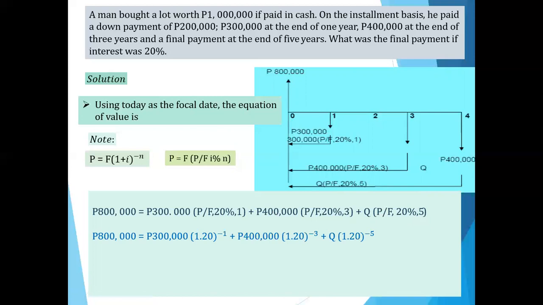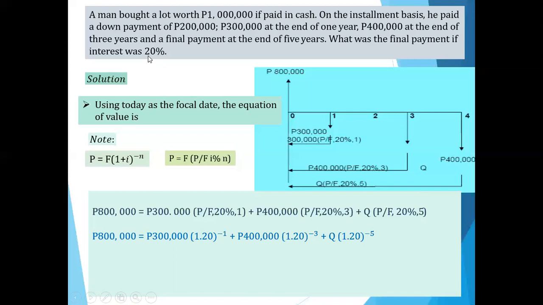Substituting the given values, we have 800,000 equals 300,000 times the quantity of 1.2 raised to the power of negative 1, plus 400,000 times the quantity of 1.2 raised to the power of negative 3, plus Q, our final payment after 5 years, times the quantity of 1.2 raised to the power of negative 5. The 1.2 is from 1 plus 0.2, which is our rate of interest.